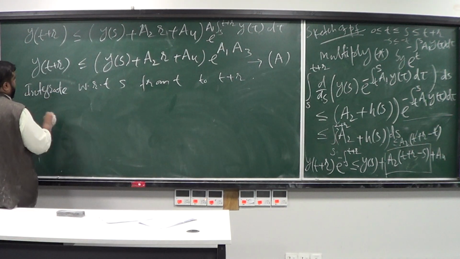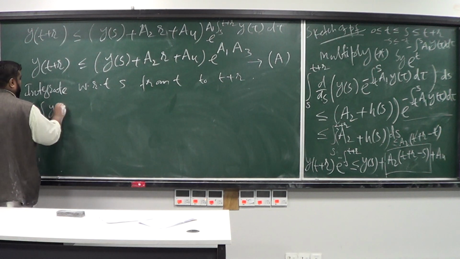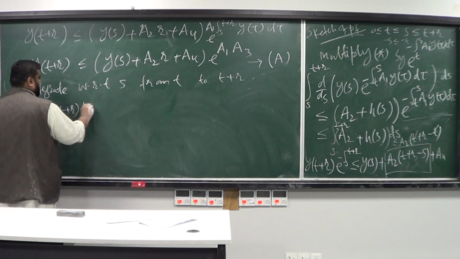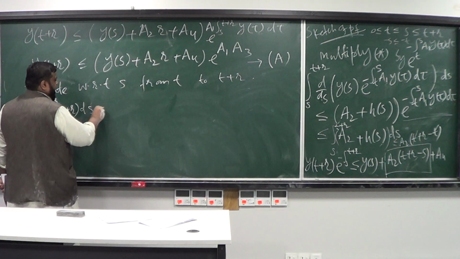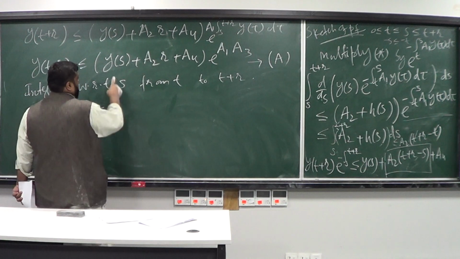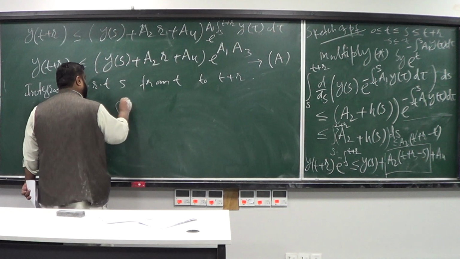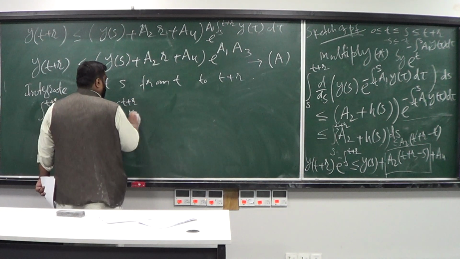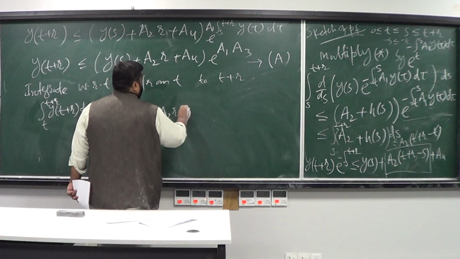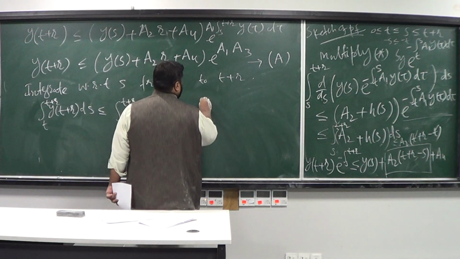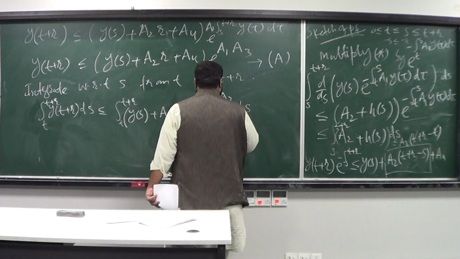Let's integrate y of t plus r with respect to ds from t to t plus r, less than or equal to, and this is going to get rid of this y of s: the integral from t to t plus r of y of s, plus a2r plus a4 e to the a1 a3, and integrate all this with respect to s.